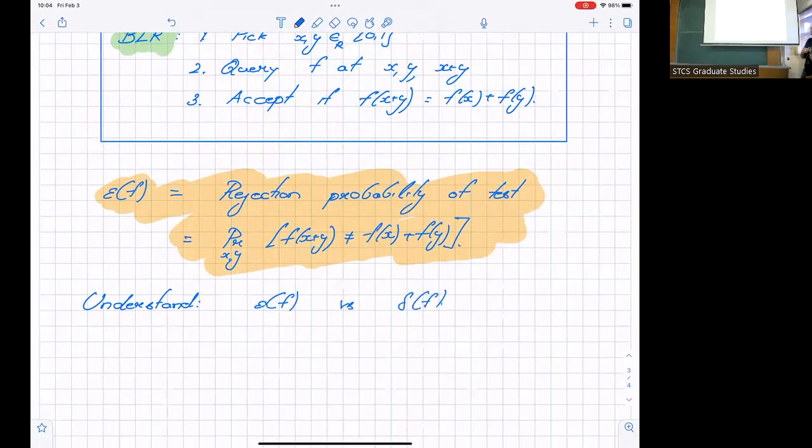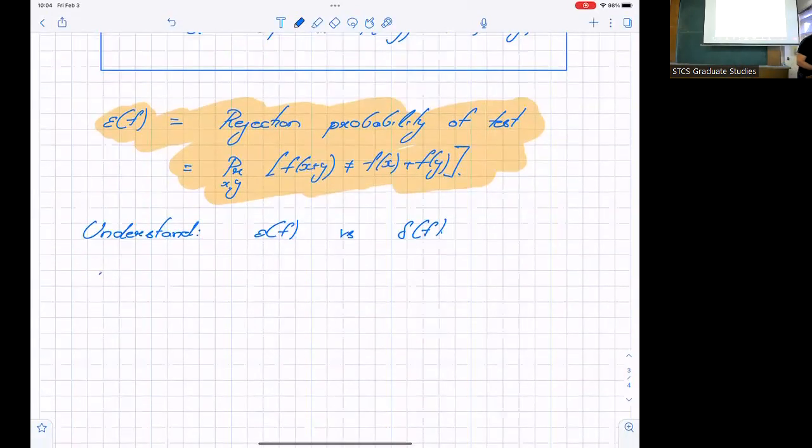The first statement should be clearly true. If delta f is 0, what does that mean? The function is linear. Then it should be the case that epsilon f is 0. This is what's called completeness.